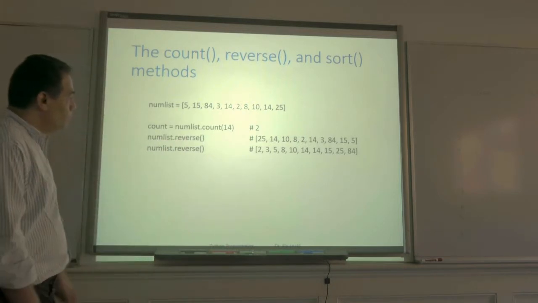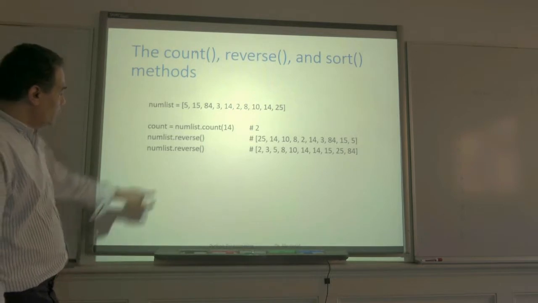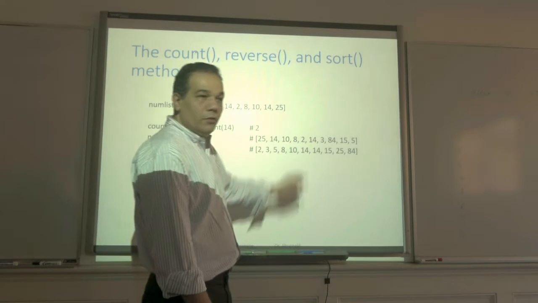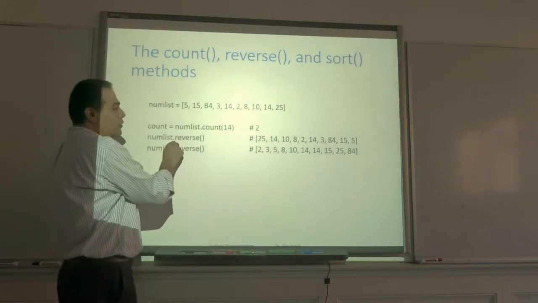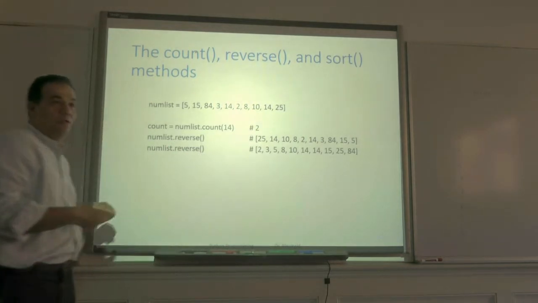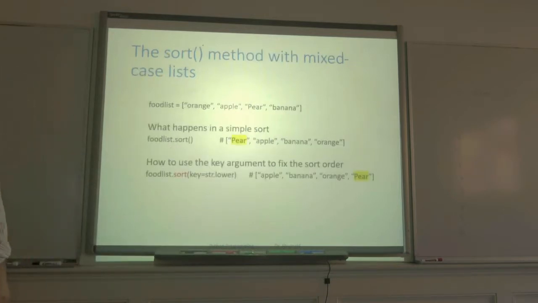Yeah. 2, 3, 5, 8, 10, 14, 14. Oh, so it is supposed to be sort? Okay. It's sorted for you, right? 2, 3, 5. Yeah, right. Maybe it's my typo or something. But again, if you reverse it, it will be reversed permanently. So you have to go and reverse it again. Okay? So this is supposed to be sort, right? Yeah, thank you. Good catch.